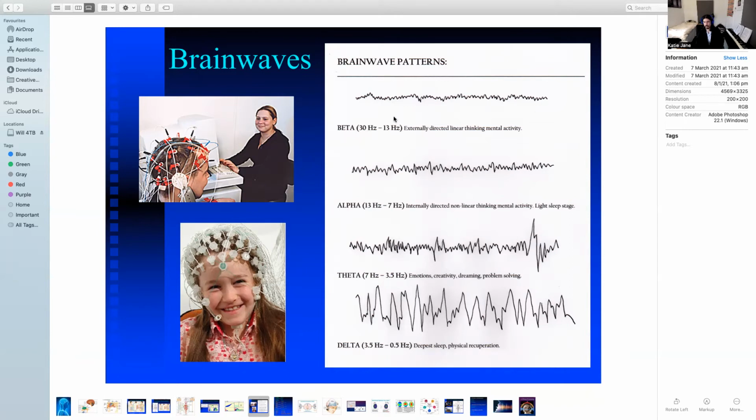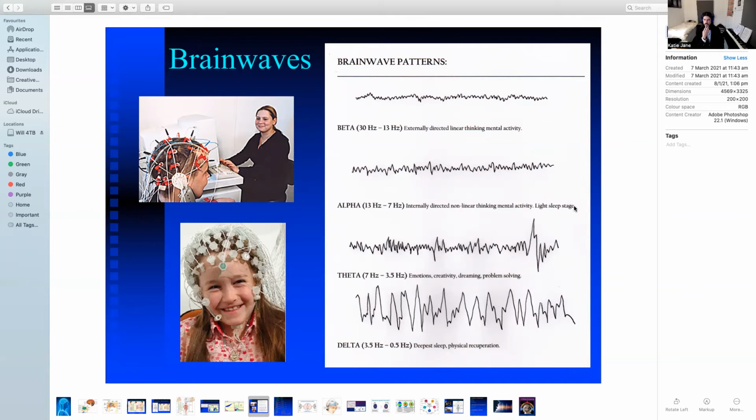Just to quickly go over them, beta is what I would be experiencing now, and no doubt you would be experiencing also, is our conscious thinking, our waking mind. Alpha is a light sleep stage. Also, it's a state of meditation, a state of non-linear thinking, state of focus.